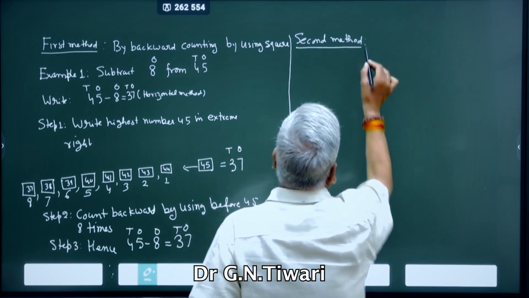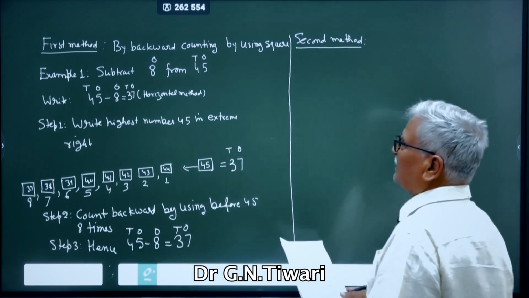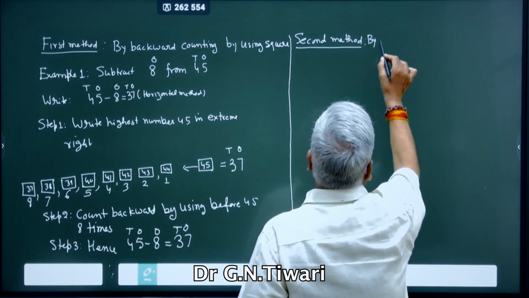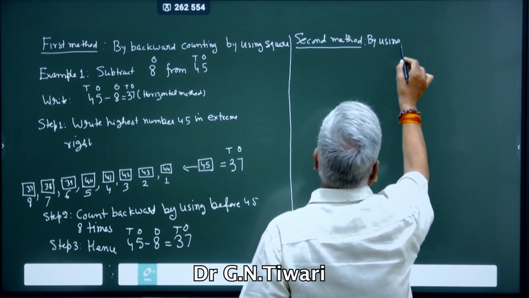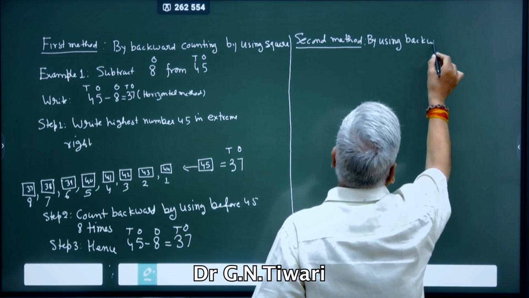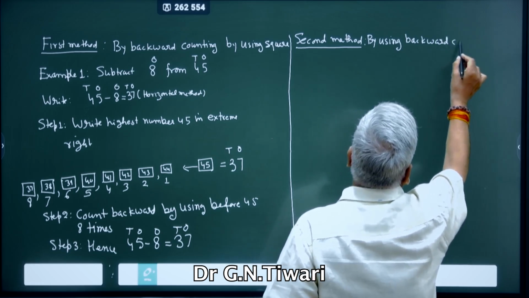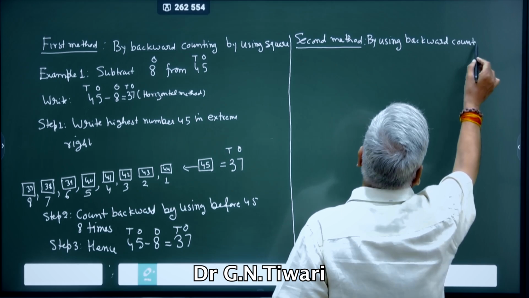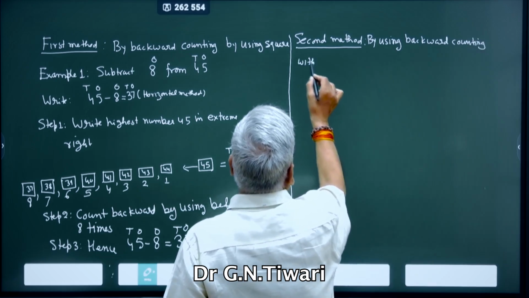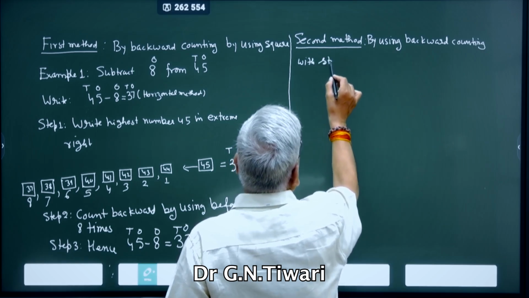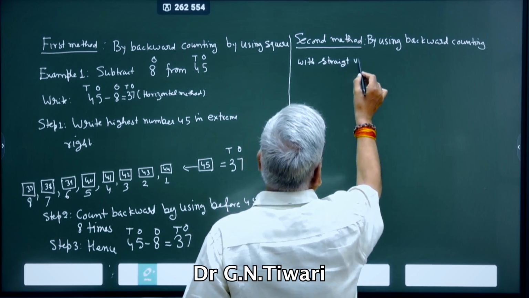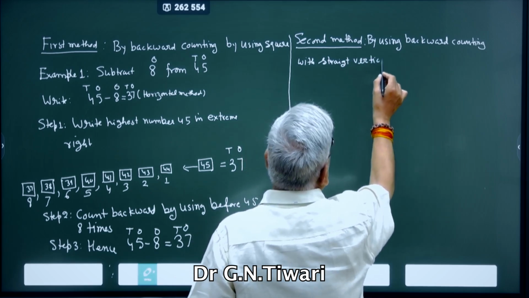The second method is similar to the square method, but by using backward counting with a straight vertical line.